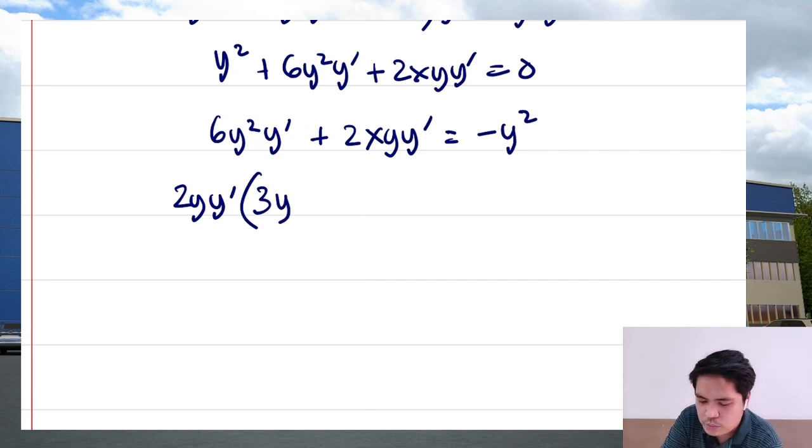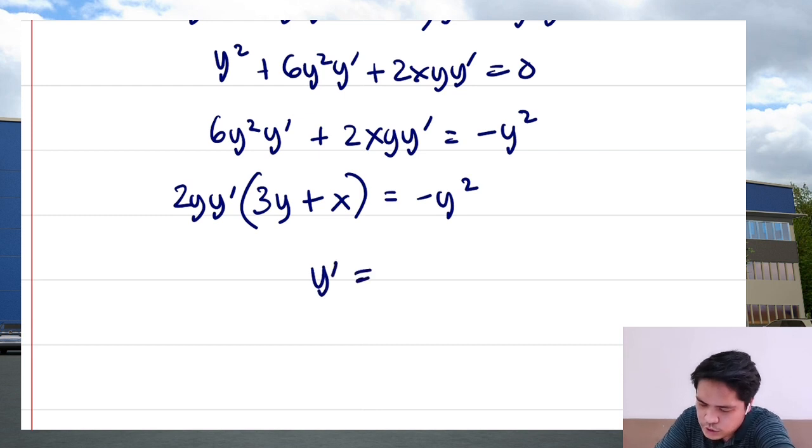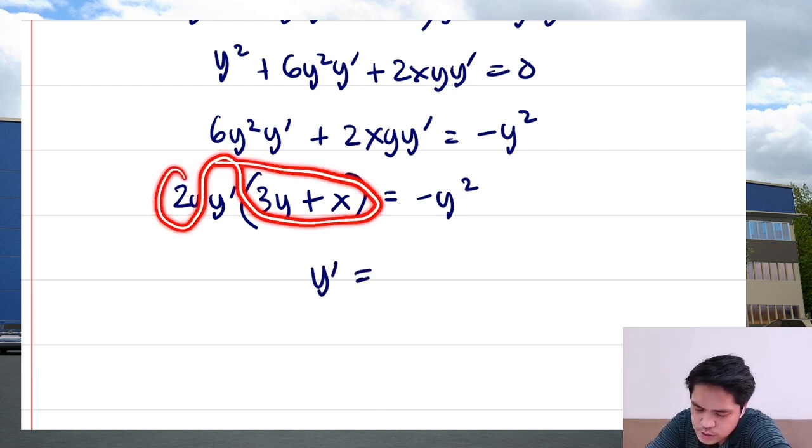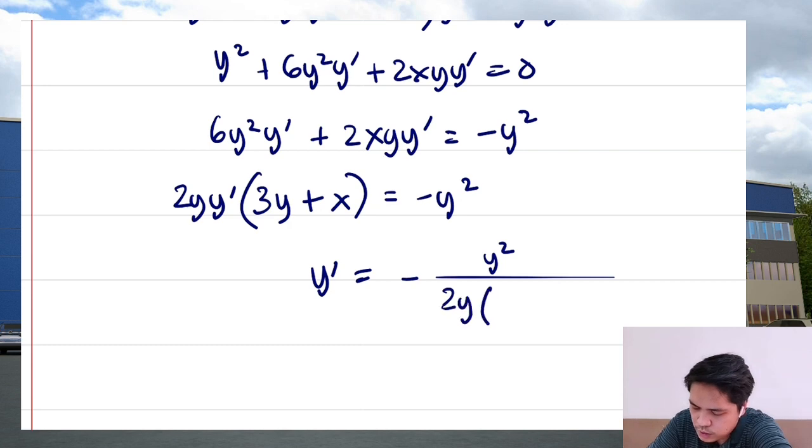So, may naiwan pang y plus, eto, we factor this out, so x pa yung naiwan. That is equal to negative y squared. Okay? So, solving for y prime now, we just transpose this to the other side, then we'll have negative y squared over 2y times 3y plus x.